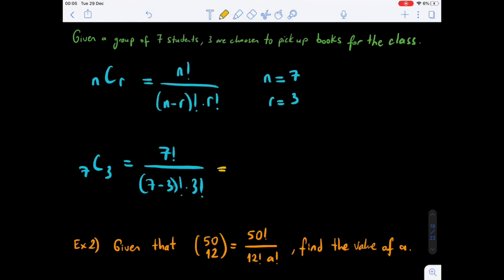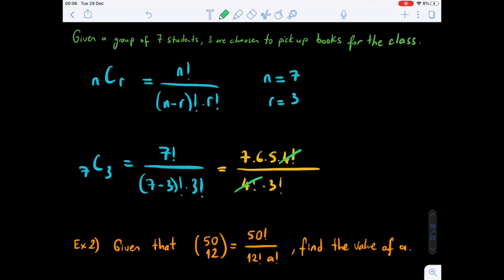So let's handle 7 factorial: 7 times 6 times 5 times 4, because I would like to cancel 4 factorials. Let me just stop at 4 factorial. 4 factorial, I'm going to cancel, times 3 factorial. So you can easily simplify or reduce the 4 factorials.